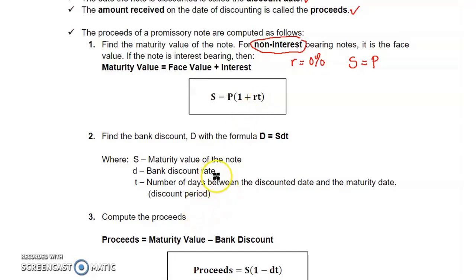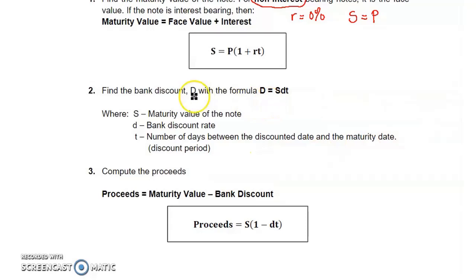Then you need to find the amount of bank discount. The amount of bank discount D equals S d t. In bank discount, how much we borrow is equivalent to how much we pay back, so the face value is actually equivalent to value S. Normally we don't write P, we write S. So D equals S d t.